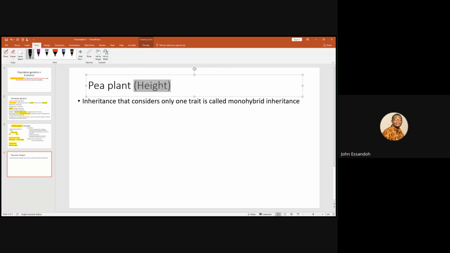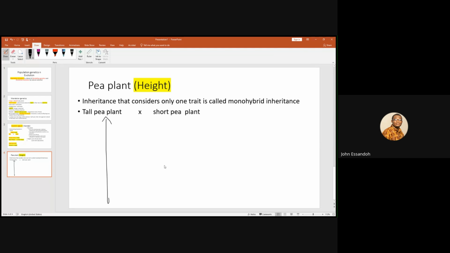So let's say Mendel, we are going to consider only one trait, height. So Mendel picked one. Remember what Mendel did? Mendel asked for tall pea plant, crossing with what? Short pea plant. All right, so let's see what is going to happen. So remember, before the experiment, there was a theory in existence. So this is a tall pea plant, like that.